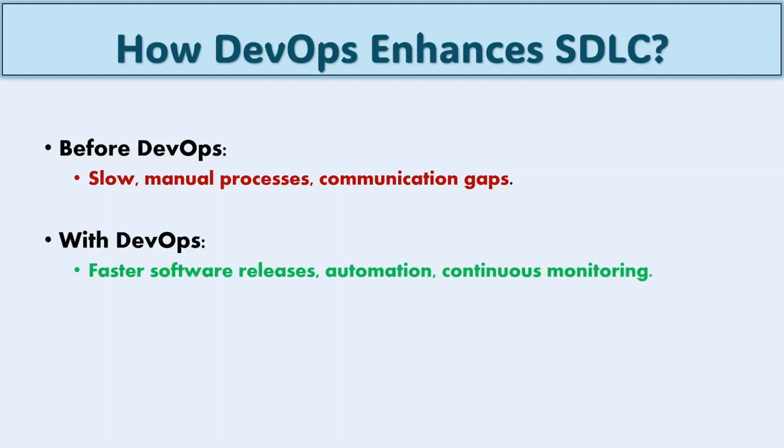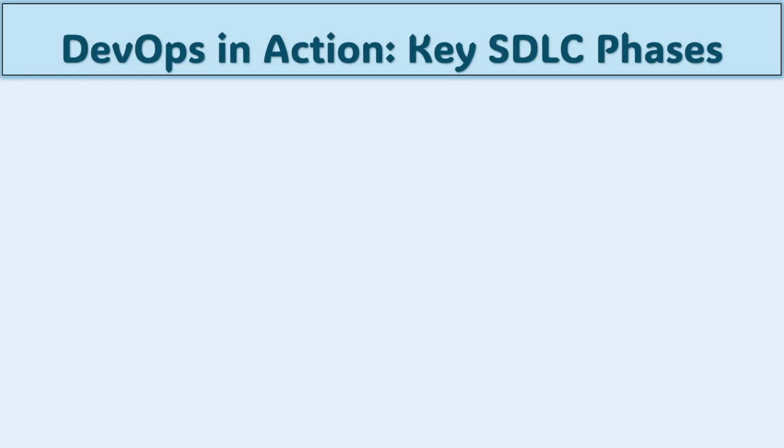Once DevOps comes into the picture, automation speeds up releases and reduces manual work. Next, the CI/CD pipeline ensures continuous integration and deployment. And we have monitoring tools which provide real-time performance tracking. To get a better understanding, we will see how DevOps fits into SDLC.